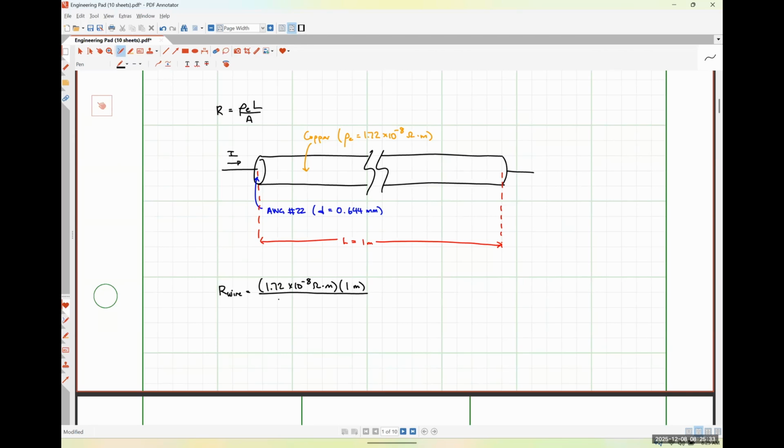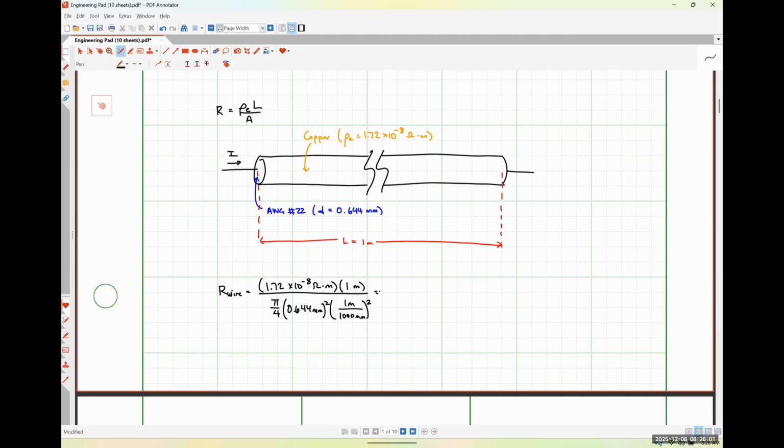So pi over 4 times our diameter of 0.644 millimeters squared. To handle the unit conversion, I'm going to say that 1 meter is 1,000 millimeters, and I need to square that conversion factor as well, so that the only thing that survives when I cancel all of these units out is the ohms in the numerator.